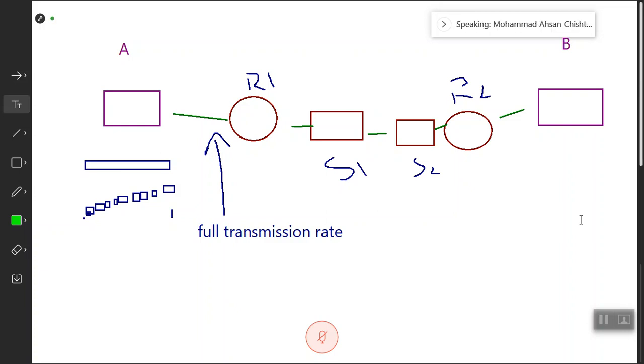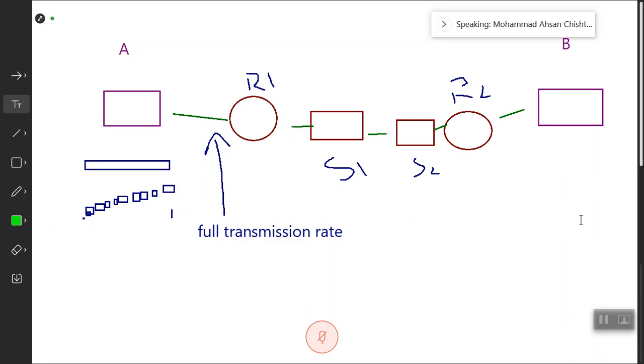First thing, the message, I repeat, was broken into packets. Packets travel along these intermediate switches, networking devices, routers, and the communication links. And then packets are transmitted at the full transmission rate of the link. Means if it's giving you 16 kbps, you will get all of it for you, because you will be the one who would be using this at that particular instant of time.